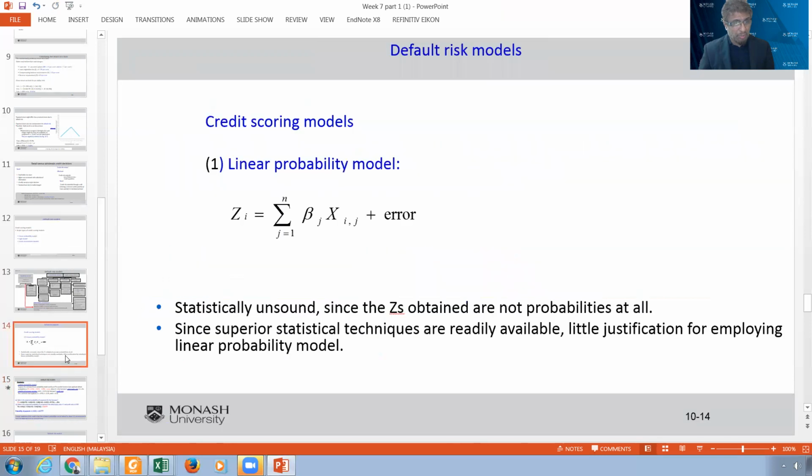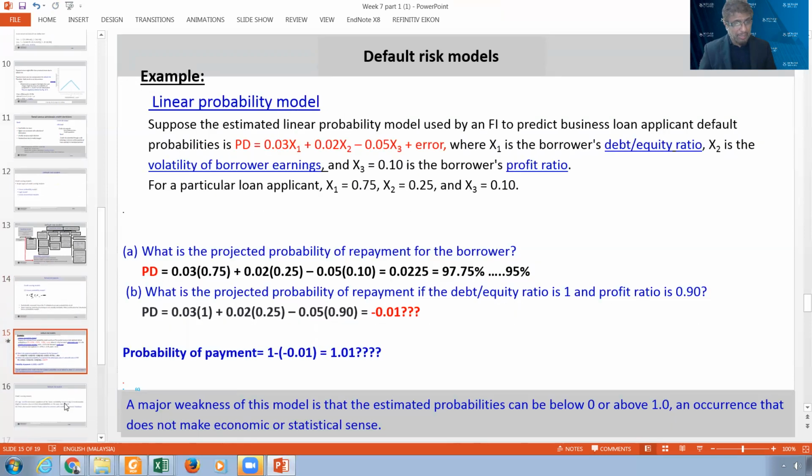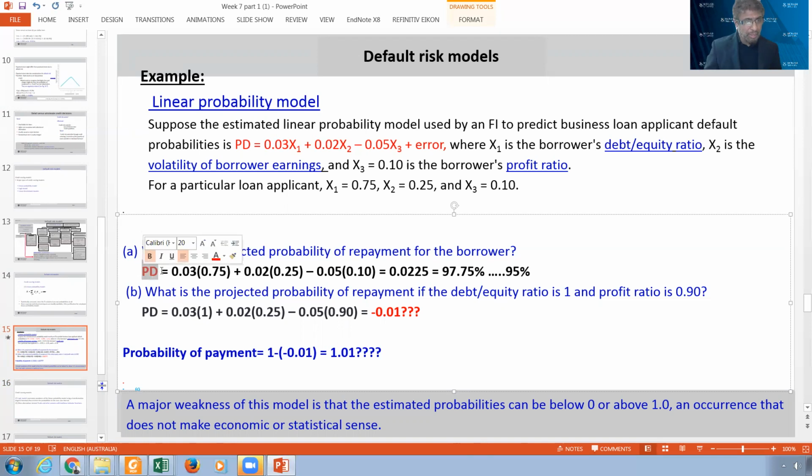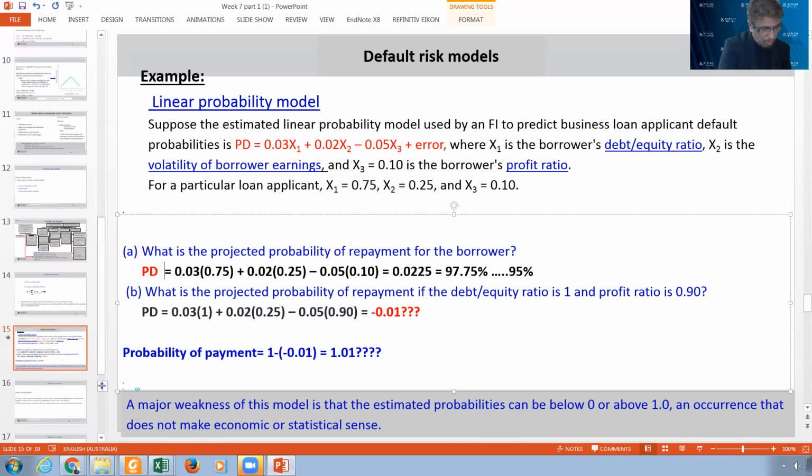What is the logit model? There is no calculation in the logit model. The logit model is actually trying to limit the PD here. I don't know whether you are aware of dependent variables or independent variables, but the logit model will limit this amount, they will make it between 1 and 0.